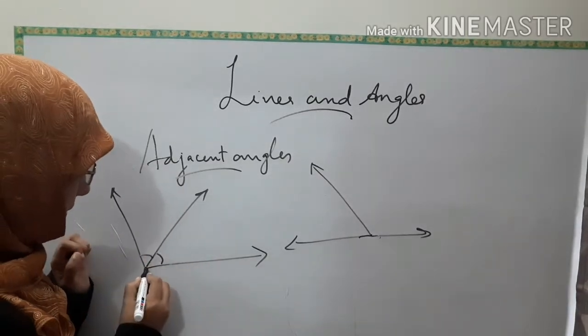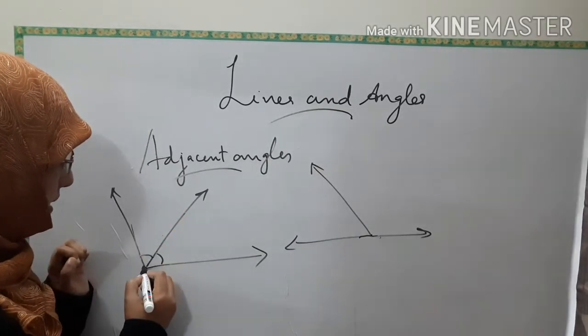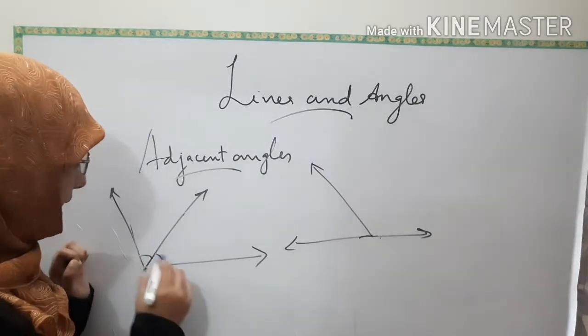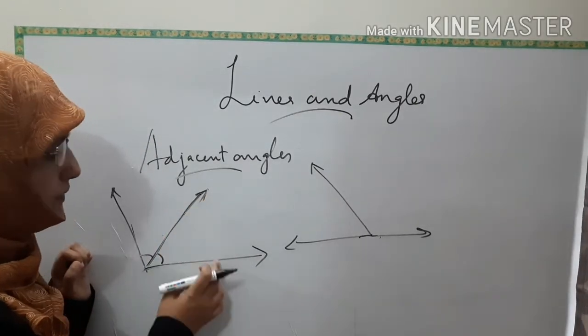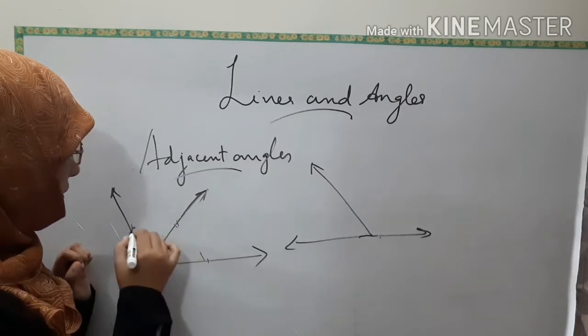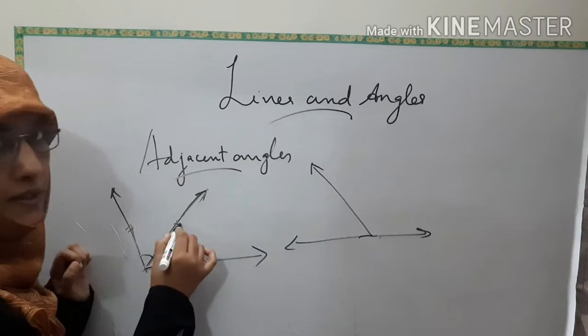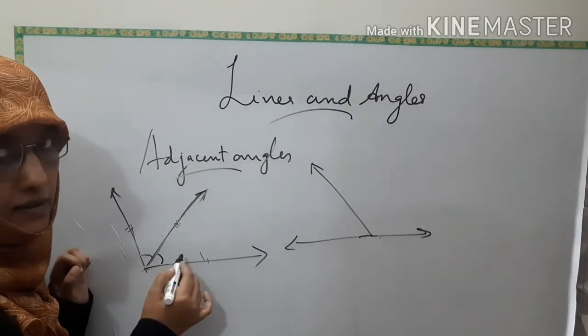Both of them have the same vertex, isn't it? These are the 2 arms of the angles. For this angle, this one and this one. And for this angle, these are the 2 arms. And one arm is common for both the angles, isn't it?